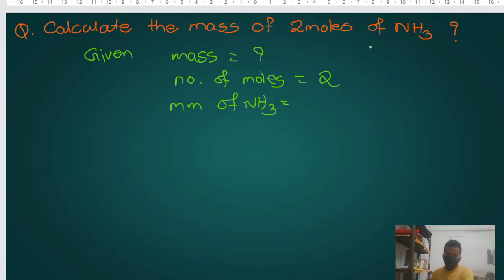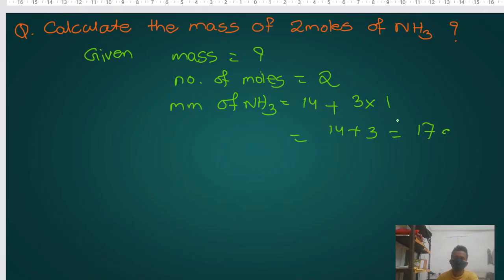Let's calculate the molecular mass of that molecule. Atomic mass of nitrogen is 14 plus 3 into the mass of one hydrogen, which is 1. So you can write here 14 plus 3 is equal to 17.